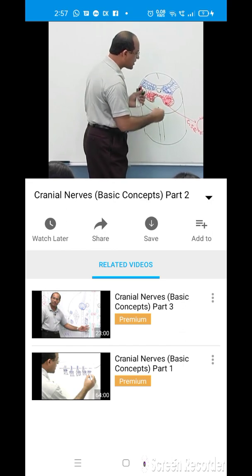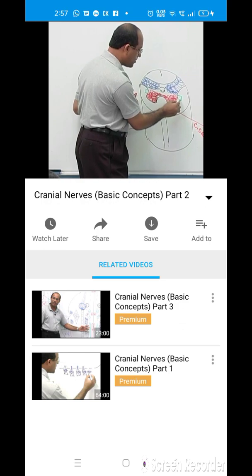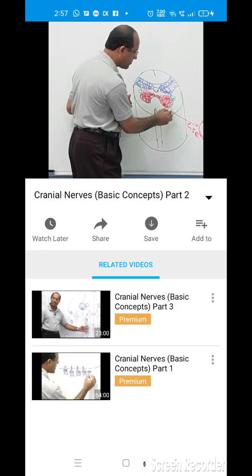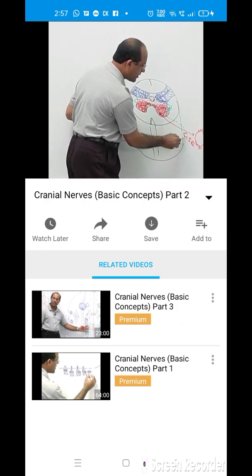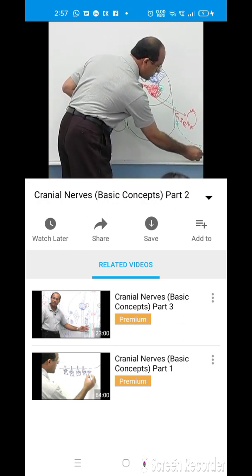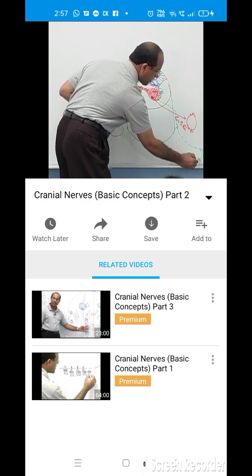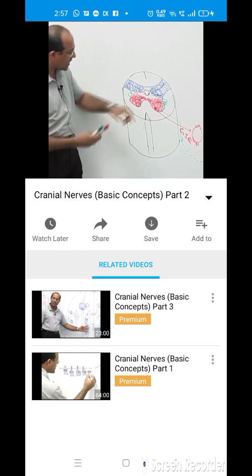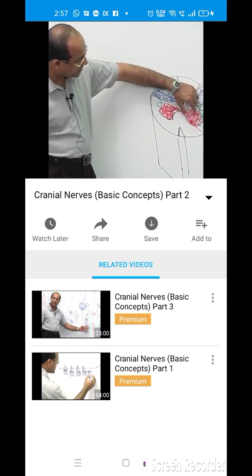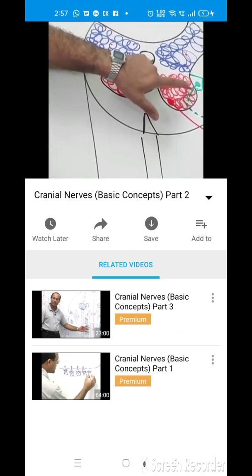Then, for the visceral system, for different viscera, this may be any viscera, maybe GIT or any. Now look, this green pathway which is present at the junction of red and blue, right?